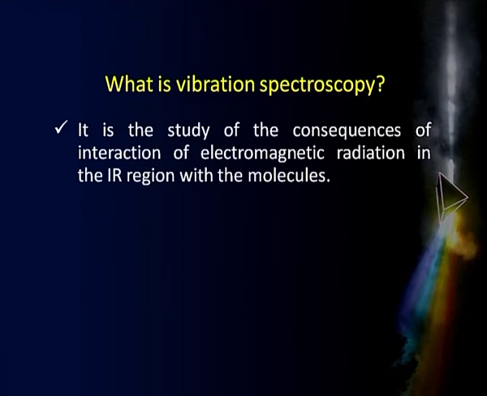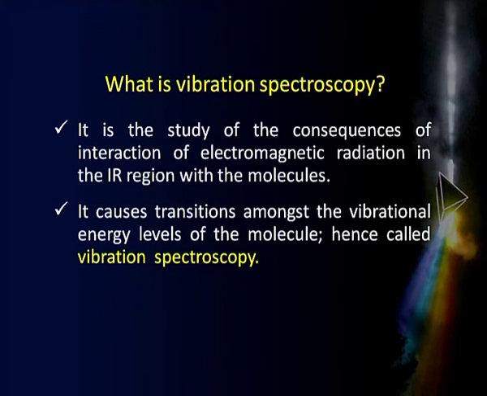Let us make a beginning by defining what is vibration spectroscopy. Vibration spectroscopy basically is a study of the consequences of interaction of electromagnetic radiation in the IR region with the molecules. This interaction of IR radiation with molecules causes transitions amongst the vibration energy levels.